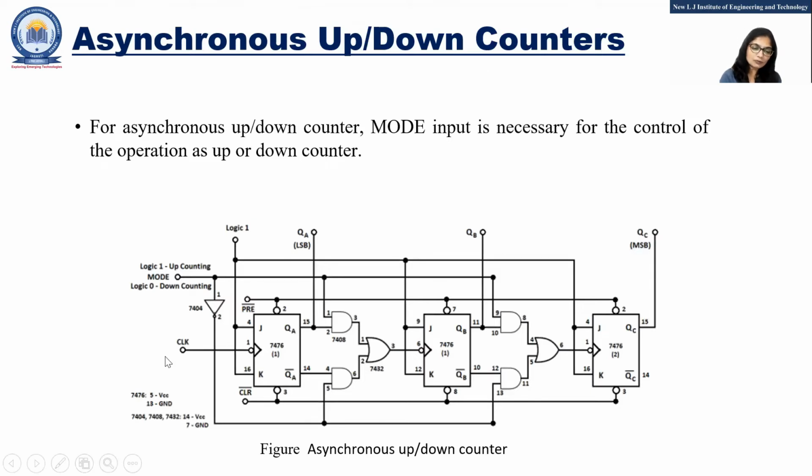Fine. Now, next we will see up down counter. So this one circuit will perform either up counting or down counting. Okay. So this mode signal, you can see here, I am applying this mode signal. The mode signal will control this function.